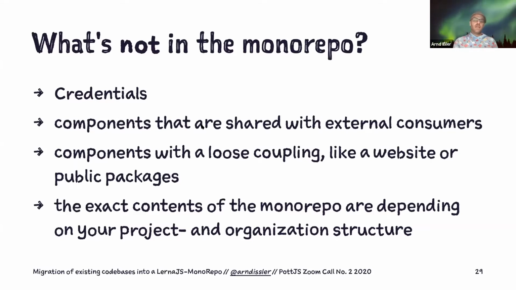Like you can use Gatsby, and the Gatsby MonoRepo contains all the plugins you can use in Gatsby, but you will not use a Gatsby plugin outside of Gatsby. So you might want to, but it's not that easy. So maybe it's a good idea to keep it in the MonoRepo, but if it's intended to be shared with others as a standalone product or a standalone package, then don't put it in the MonoRepo. This is causing a lot of trouble.